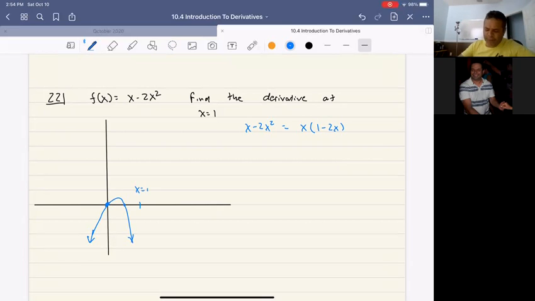All right. Let me just plug in at x equals 1. I'm going to have, let's see, 1 minus 2 is negative 1. Should have drawn this beforehand.